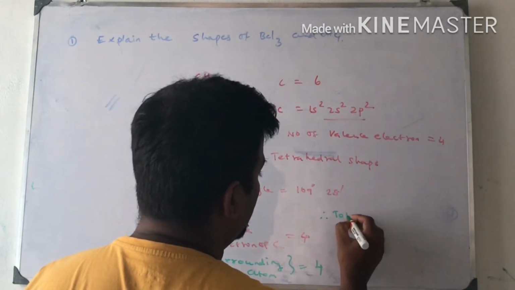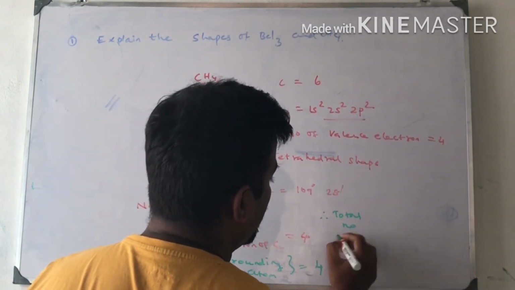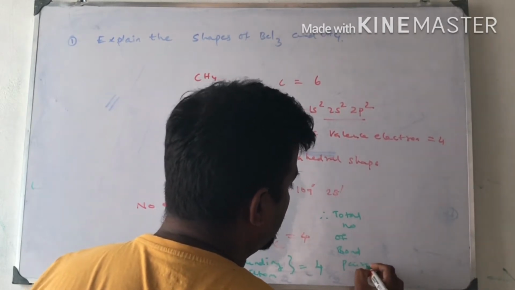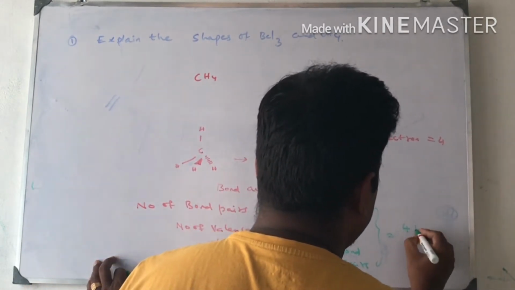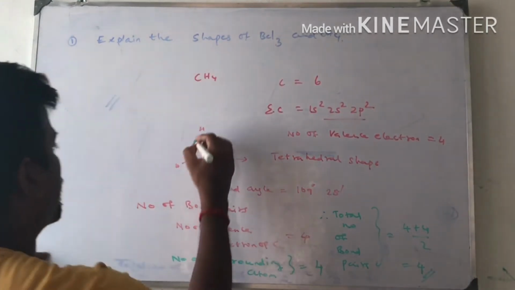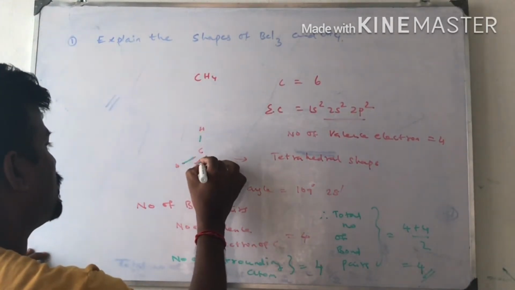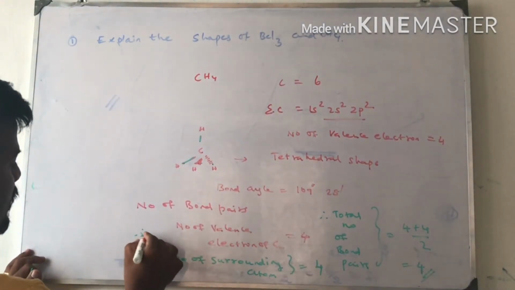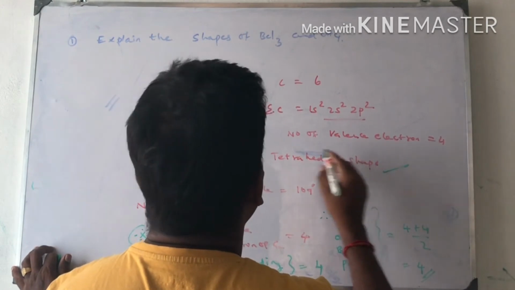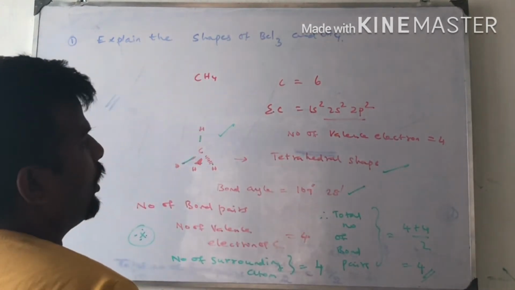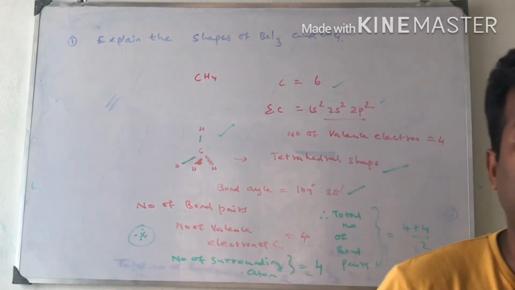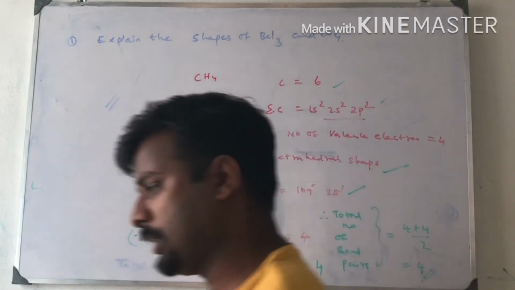Therefore, total number of bond pairs equals 4 plus 4 by 2, equals 4. So, how many bond pairs are there? 1, 2, 3, 4. In this way we can find the bond pairs, shape, bond angle, structure, atomic number, and electronic configuration. Everything is important. This is what is given for a methane molecule.